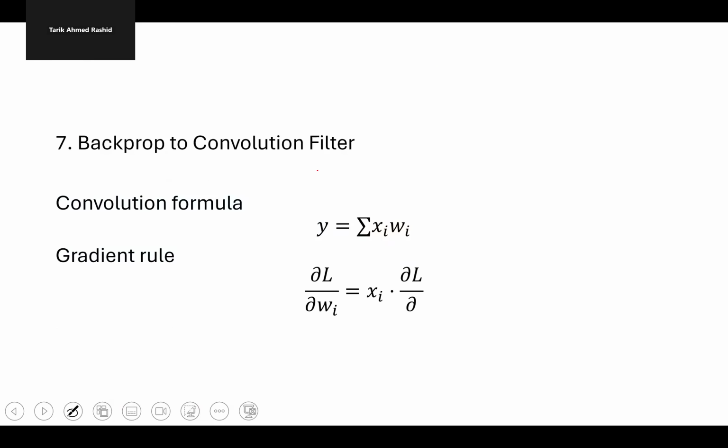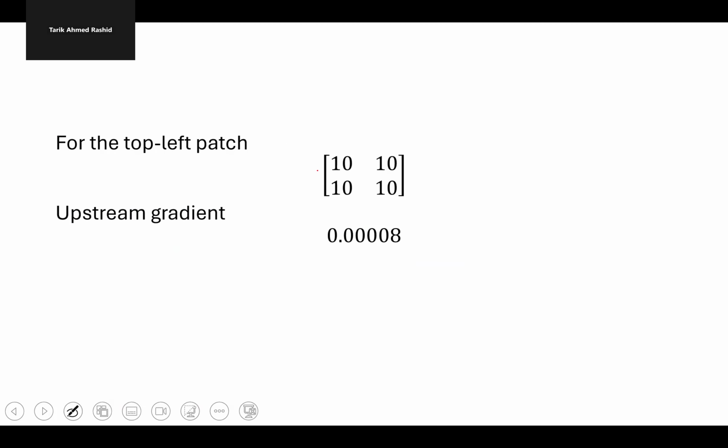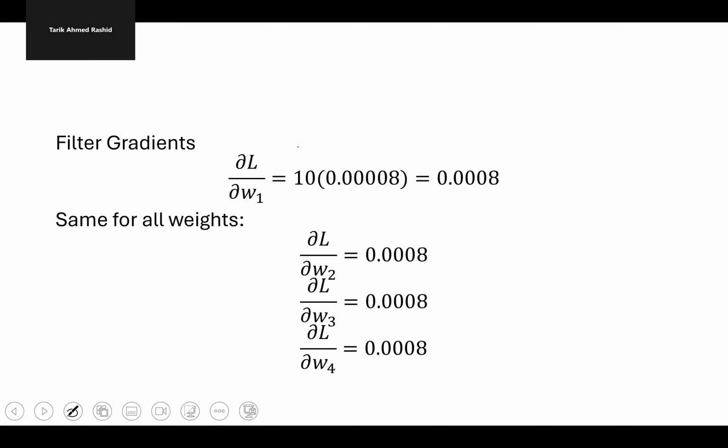Now, likewise, we can backpropagate to the filter level, and at the filter level we have the input at each side of the window.